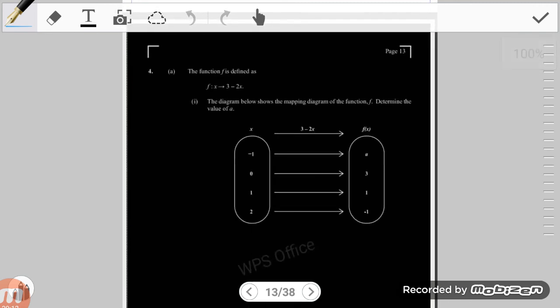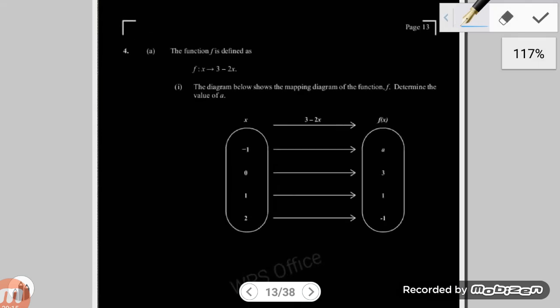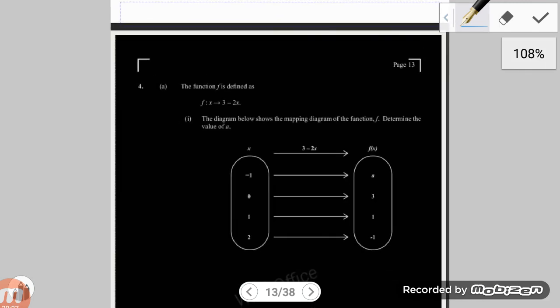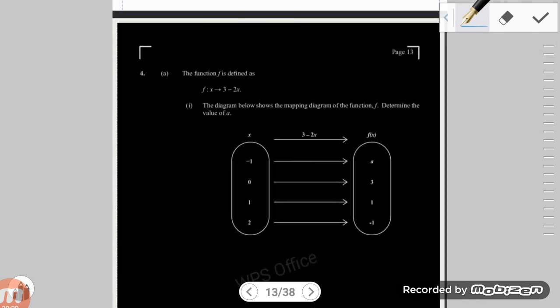And now we're at this point here. So the function f is defined as f at x maps onto 3 minus 2x. The diagram below shows the mapping diagram of the function f.